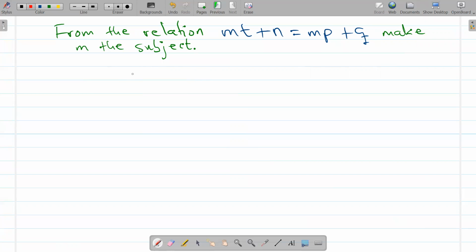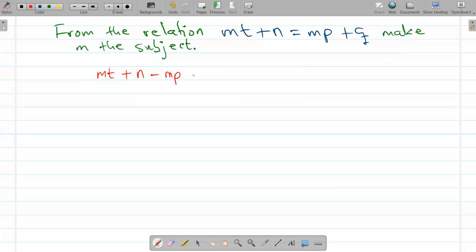Oh, you want me to do this, then later you do the rest? No, let me try. So we are going to get MT plus N minus MP, because they are multiplying it together.